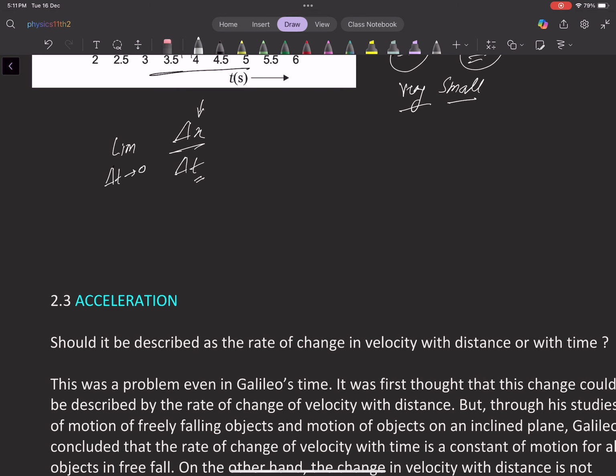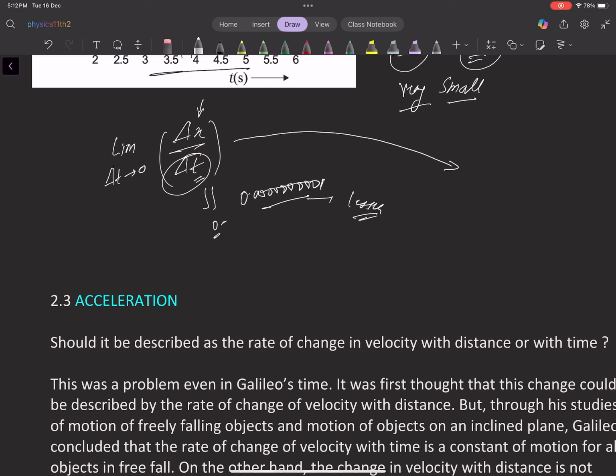Okay, when delta t tends to 0, it will approach 0, not exactly 0, but it will approach something very, very fine, 0.00001, like this, even lesser, right? So how do we represent this?